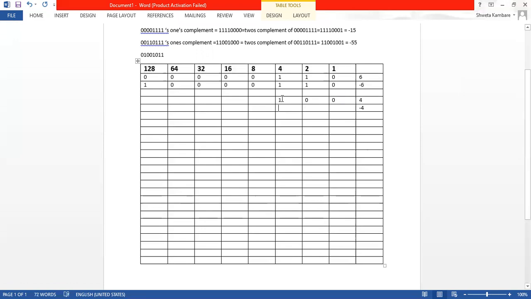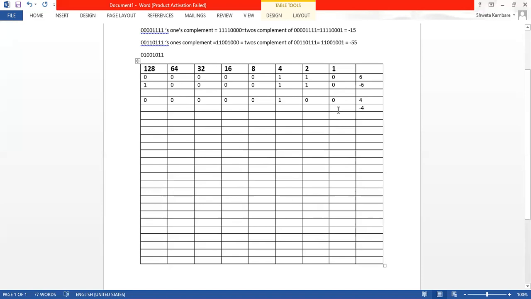The bit at the 4th position will be 1. And if I want to represent this same number by using 8 bits, this will be 0 0 0 0 0 1 0 0.